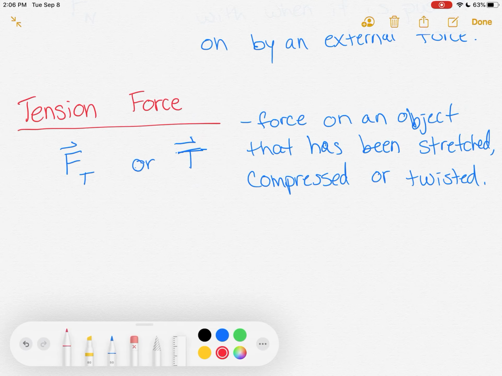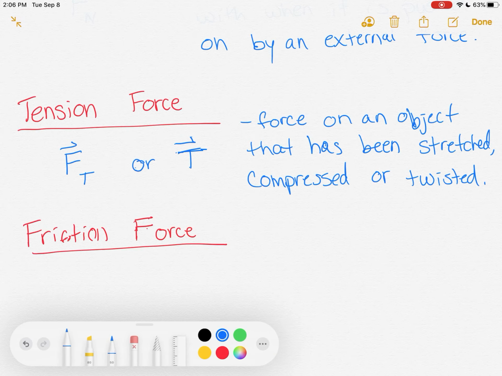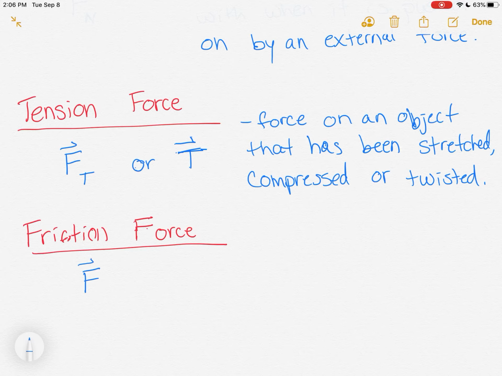Okay. Next up is our friction force. And so our friction force is denoted by, again, a capital F, and we're going to use a little f in there, okay?